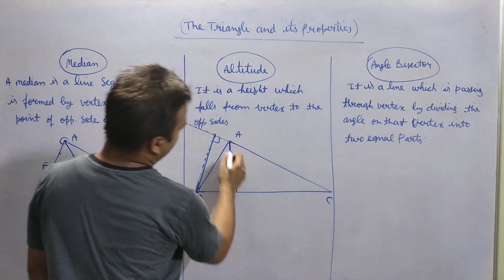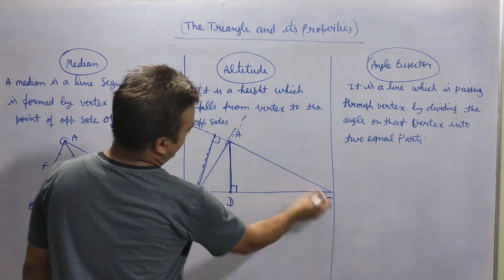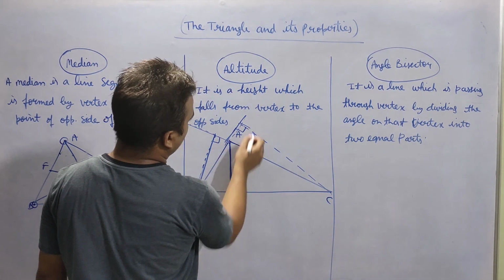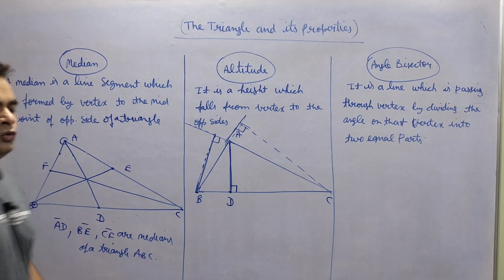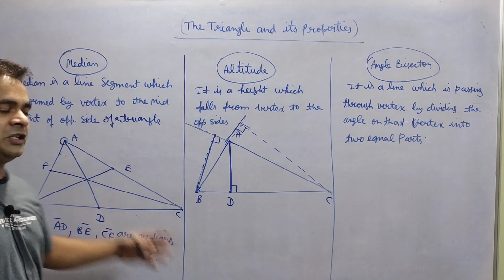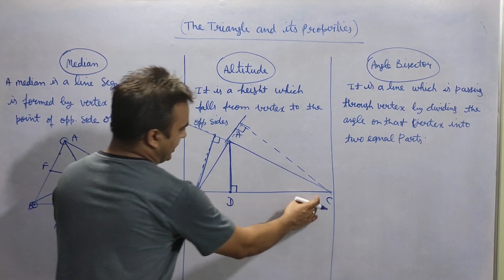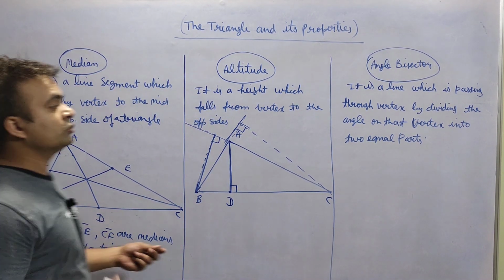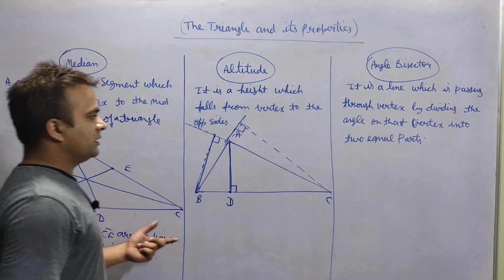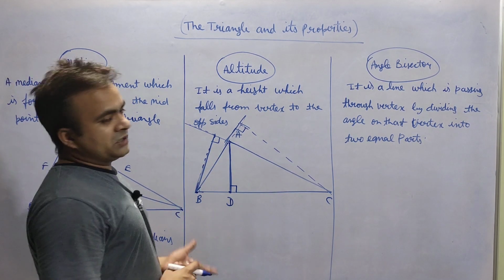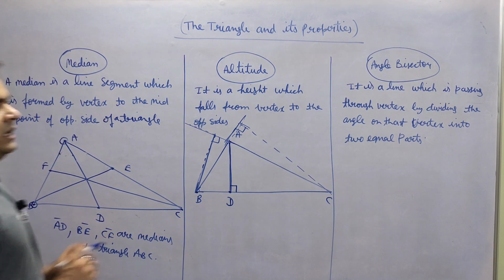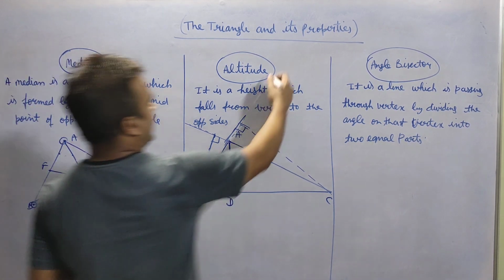In this case also, if I want to draw from C, suppose the 90 degrees comes here, so C's altitude is also outside the triangle. It is not necessary that the altitude falls only in the interior of the triangle. Sometimes it depends on the triangle, right? So you have to be very specific. You have to draw a 90-degree angle, nothing else, if you are talking about altitude.